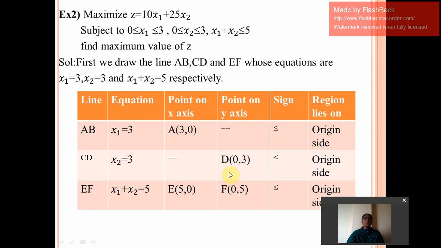Second line CD passes through the point 0, 3. First constraint less than or equal to, second also less than or equal to, region lies on the origin side.